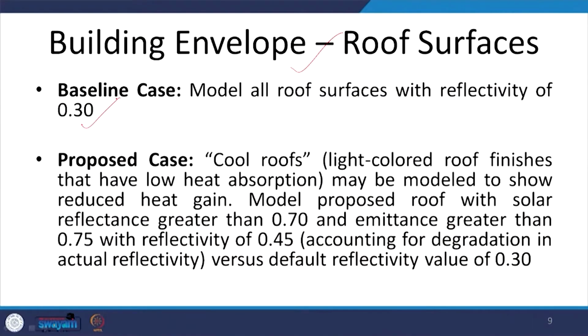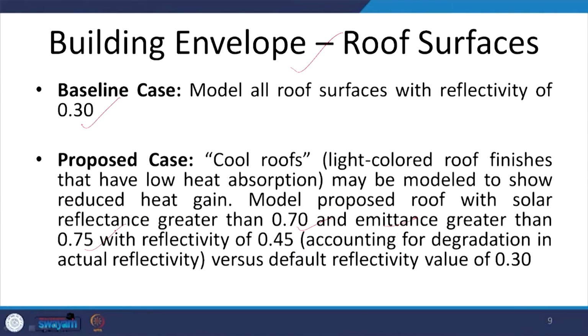In roof surfaces, the base case will be modeled with all the roof surfaces with a reflectivity of 0.3. However, in the proposed case we might have different values, say if cool roofs are being used.